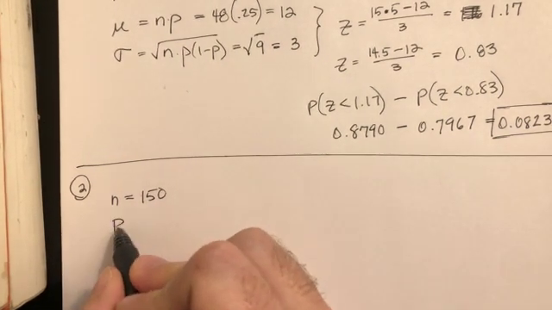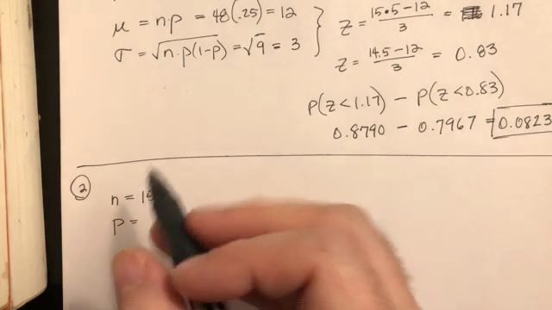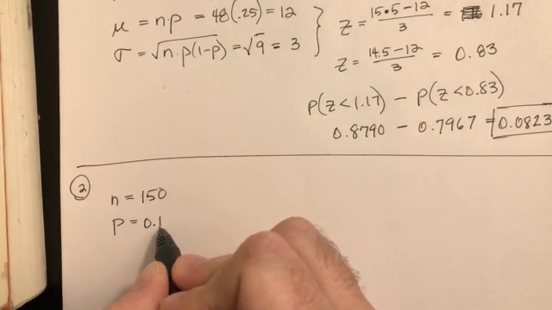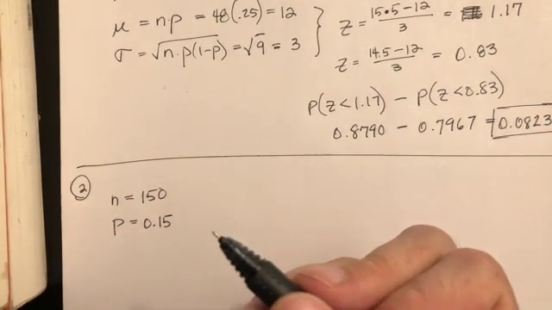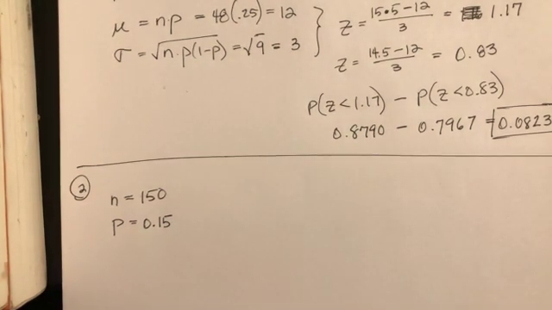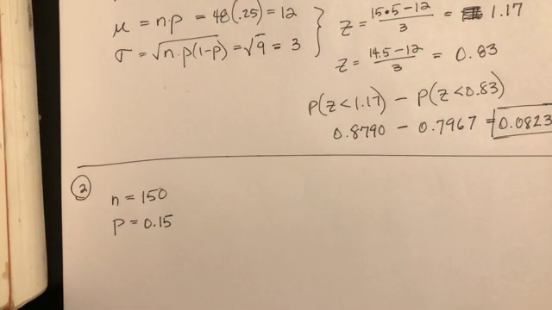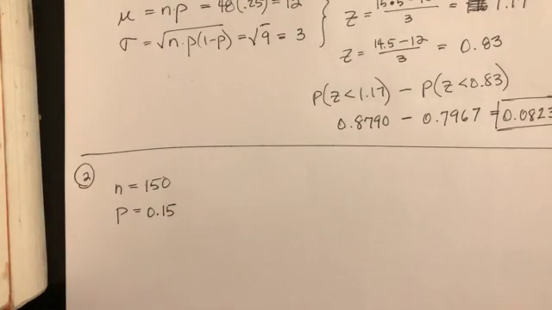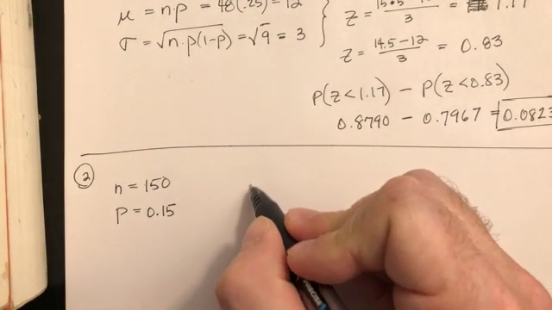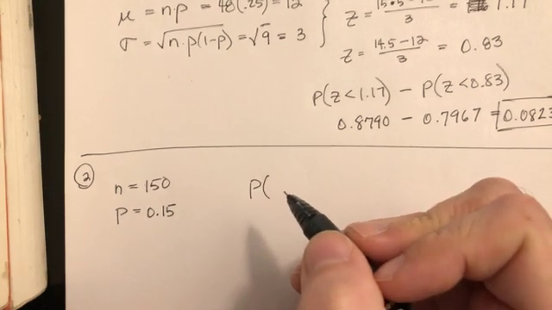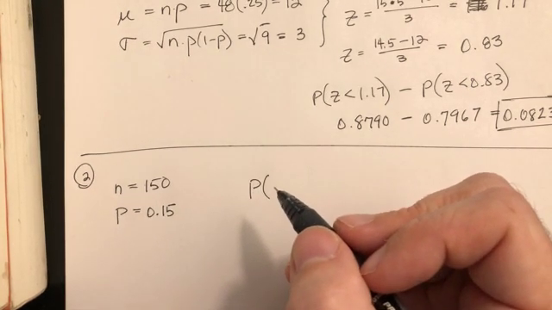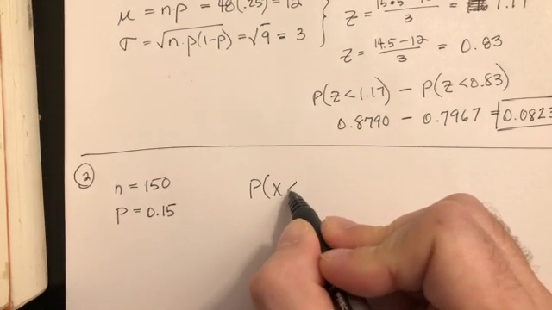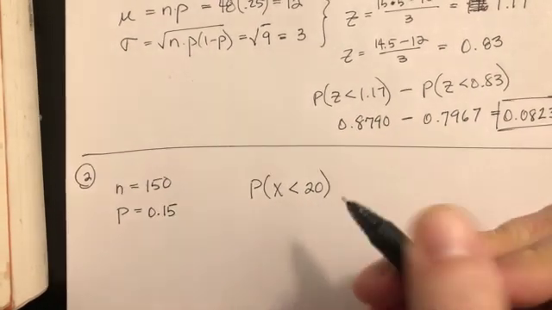And then our probability of having a no-show, which in this case is a success for our purposes, even though in real life you might not want to call this a success if you have a no-show at a restaurant, is 0.15, 15%. Because before I had to find mu and sigma, I can go ahead and do that. But if we want to go right to the source, right to the problem, let's look at what we're saying. We want the probability that we have fewer, so that x is fewer than 20.